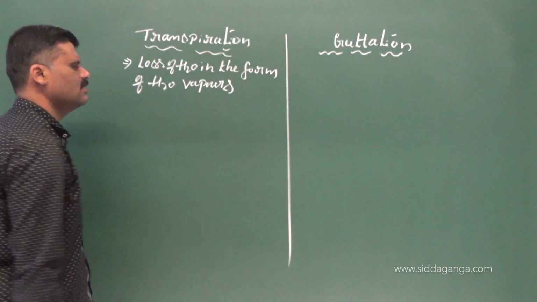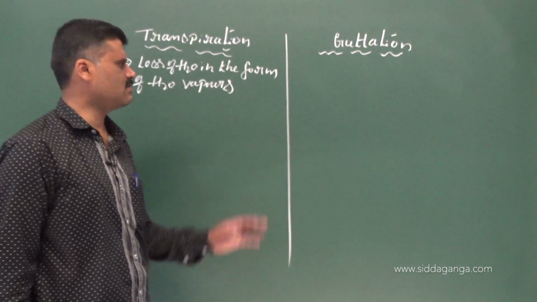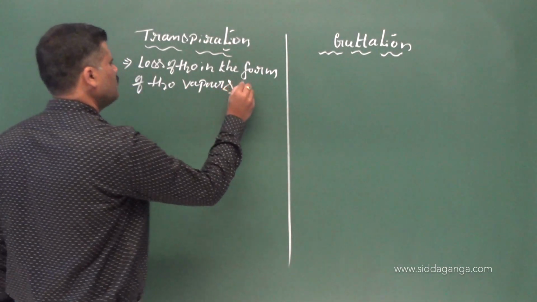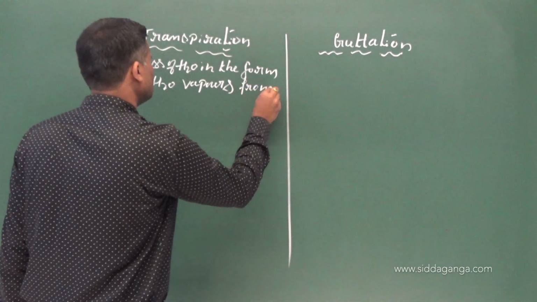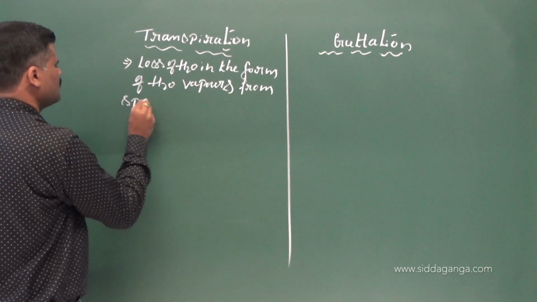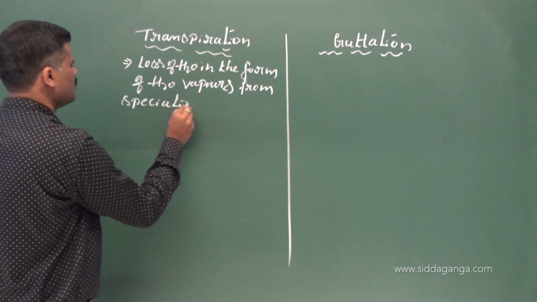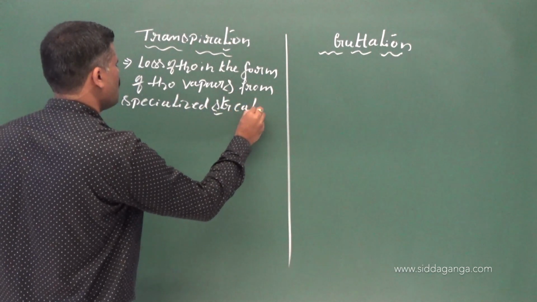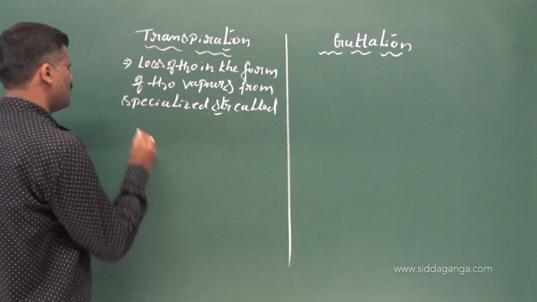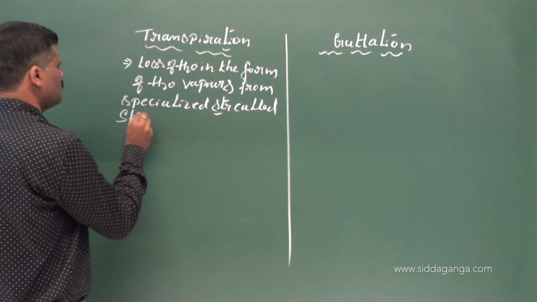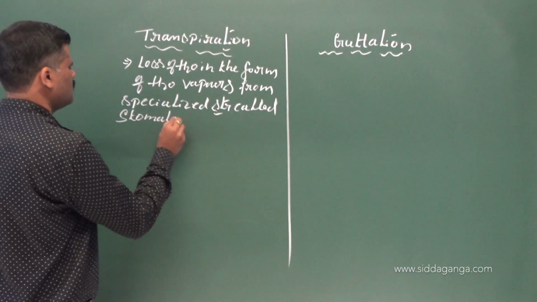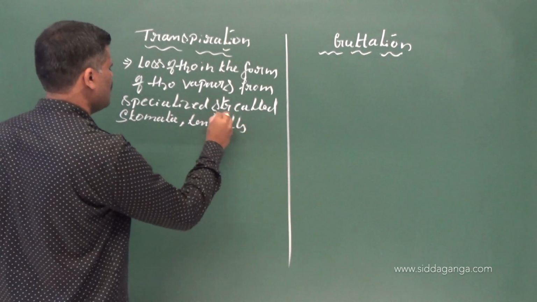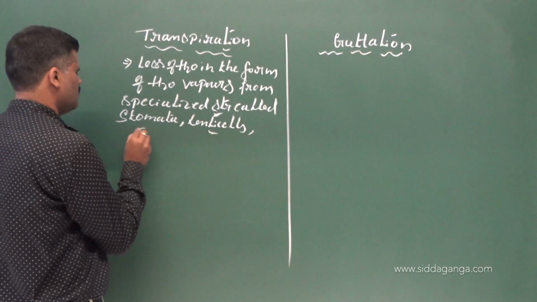Transpiration is the phenomenon of loss of water in the form of water vapors from specialized structures called stomata, lenticels and cuticle.